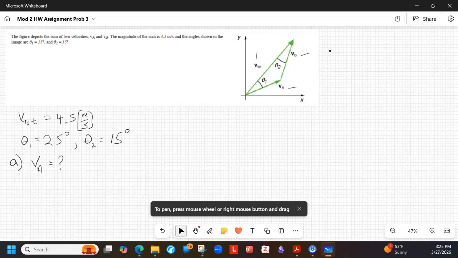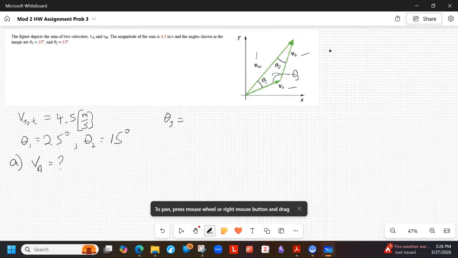So now, how can we approach this? Well, first of all, let's just note that this angle, theta 3, we'll probably need it, and that's easy to find because we use the fact that the sum of the three angles in the triangle has to be 180.